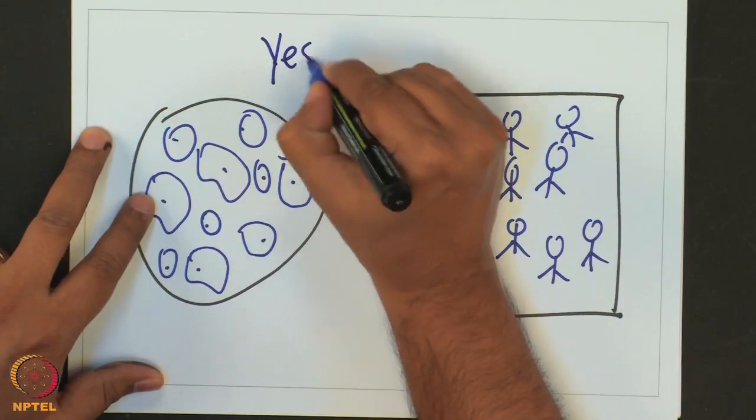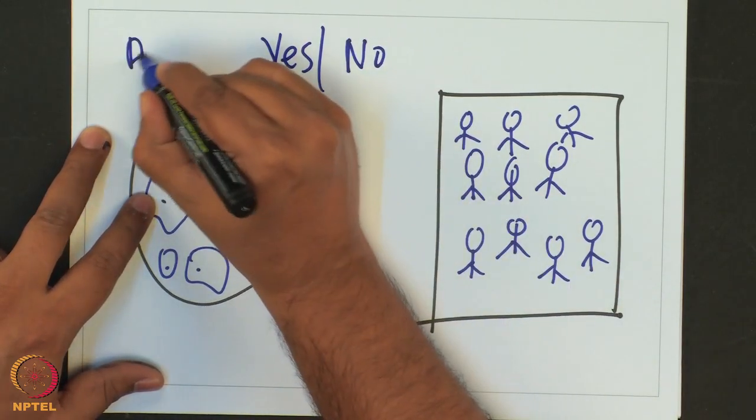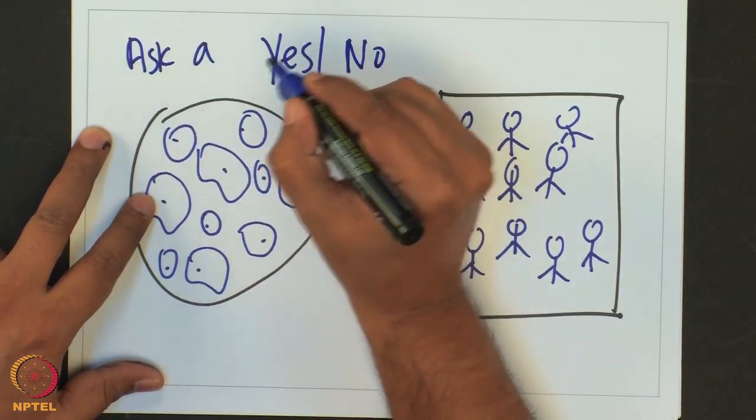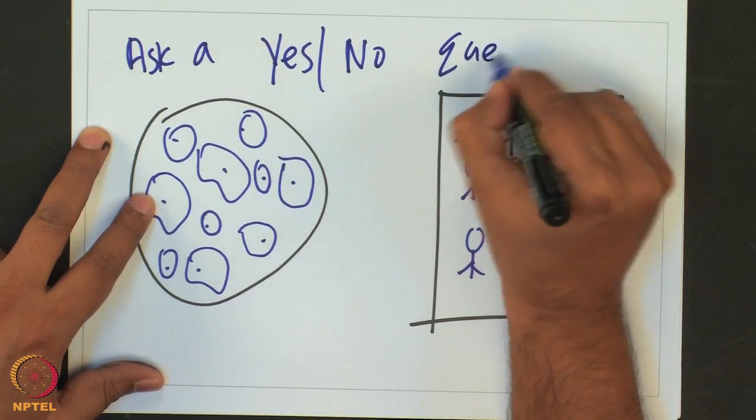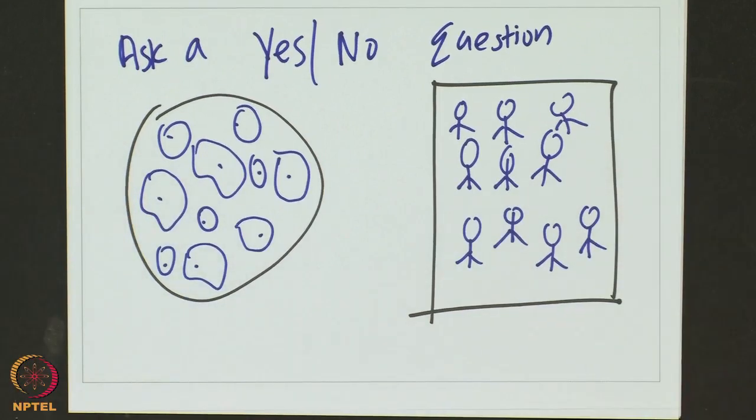The answer is yes or no. By making a particular mutation, is a particular function happening or not? Whenever you ask a question for which the answer is yes or no.